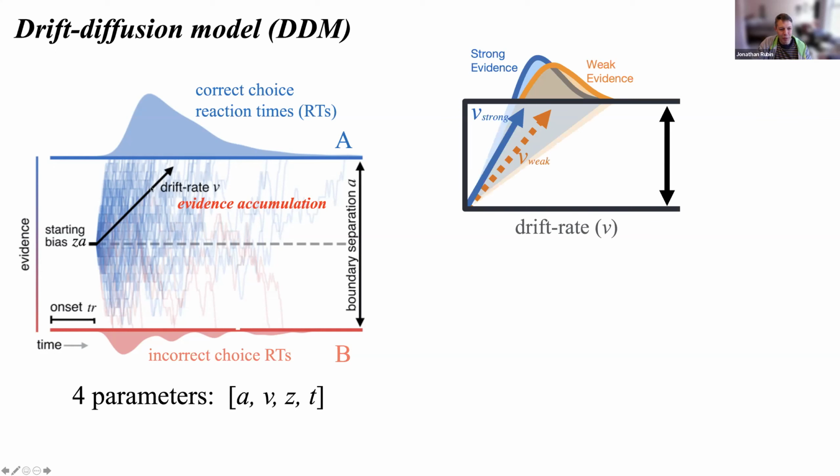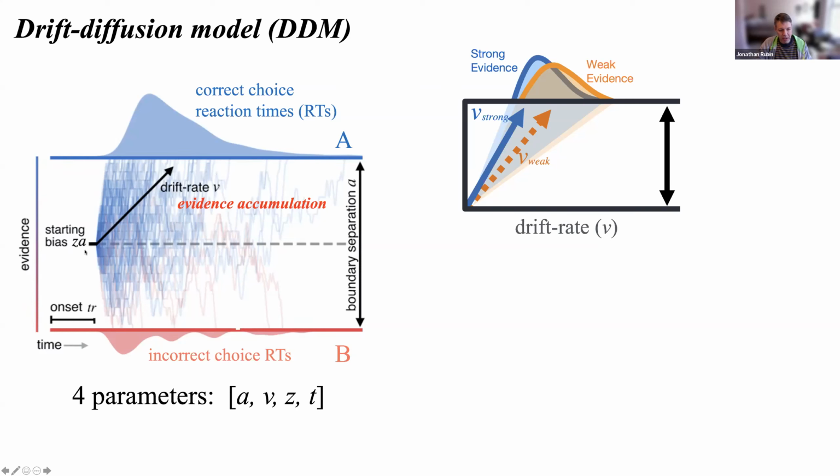what's important for what I'm going to be saying is that, as I mentioned, we can change parameters in this model, and that'll change how accurate we are, how often we pick the correct choice, and what our reaction time distributions look like.